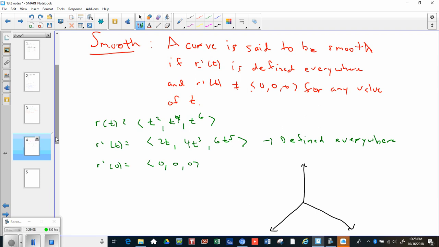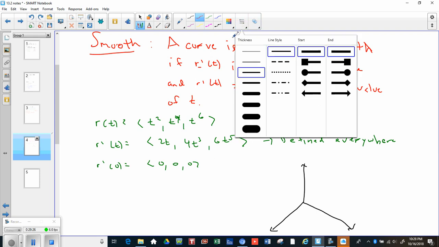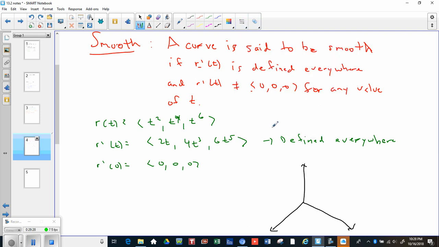The curve itself, r of t, so if we let r of t start at, well, if we start at 0, it's 0, 0, 0. So let's go in red here for that. So we would have a point that starts there.